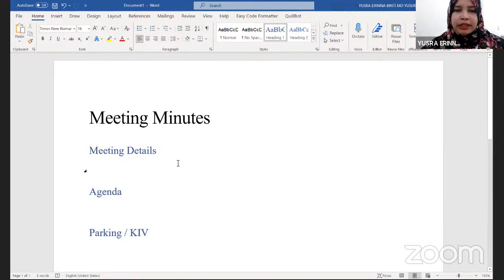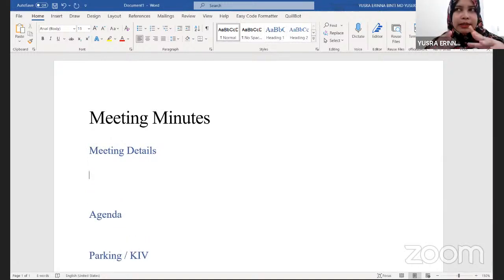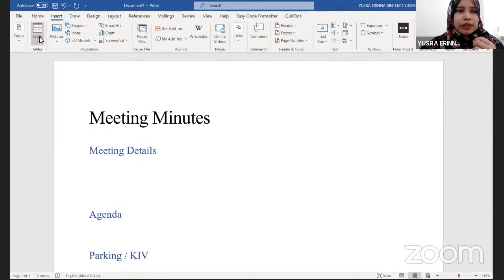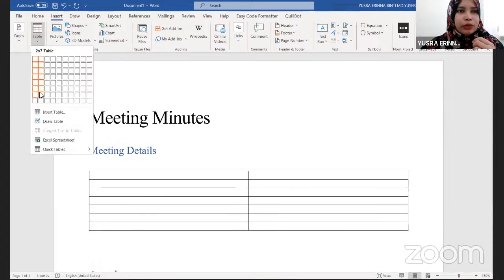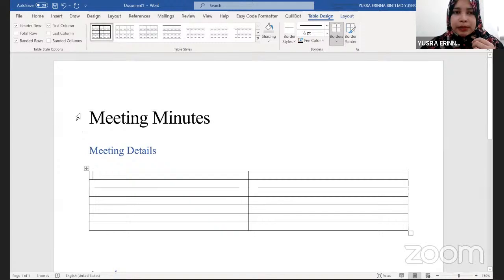So after the meeting details, what's the big difference between free flow and structured is the use of a table. Normally for meeting details, we are going to need about a 2 by 7 table.